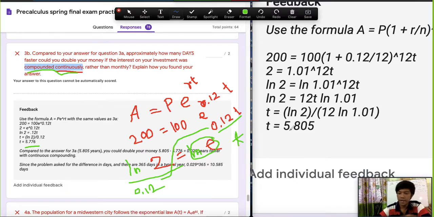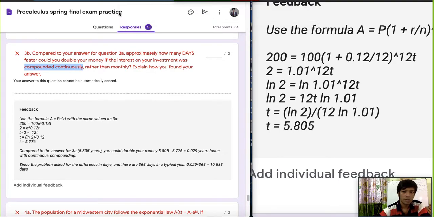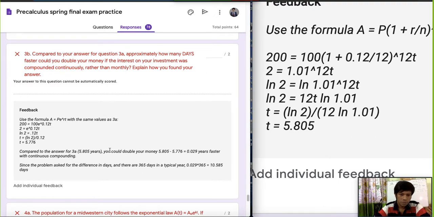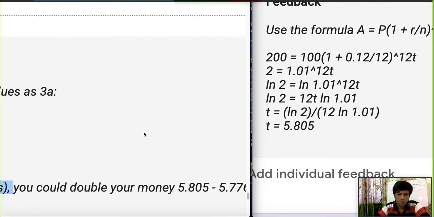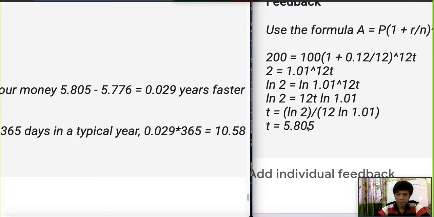The next part is easy, like how many days earlier. Let me show you, zoom it so that you can see it. Just take 5.805 minus the answer that we have found in this math.